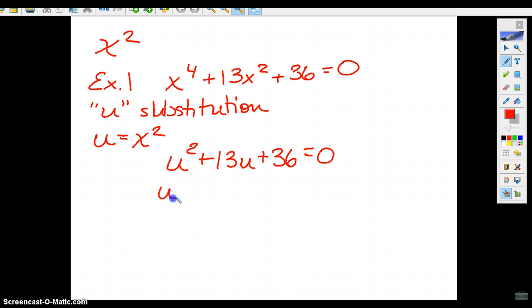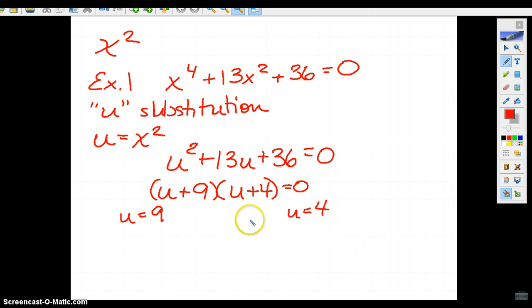And now this is a normal trinomial that you're used to solving. So u plus 9, because I'm multiplying to get 36 and adding to get 13, and u plus 4 is equal to 0. We learned from before that we've got our zero product property, so u is equal to -9 or u is equal to -4. But the problem didn't ask us to solve for u, it asked us to solve for x.